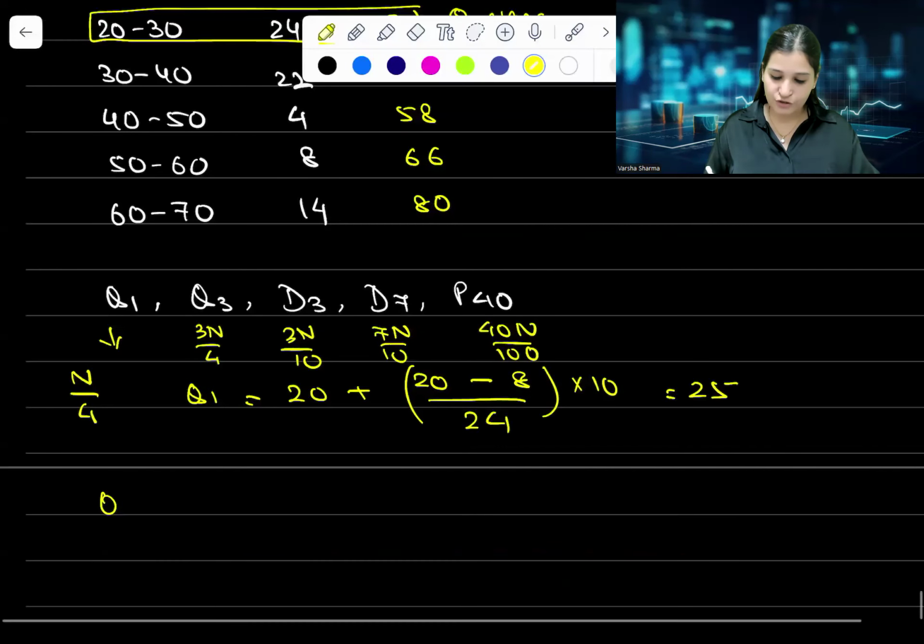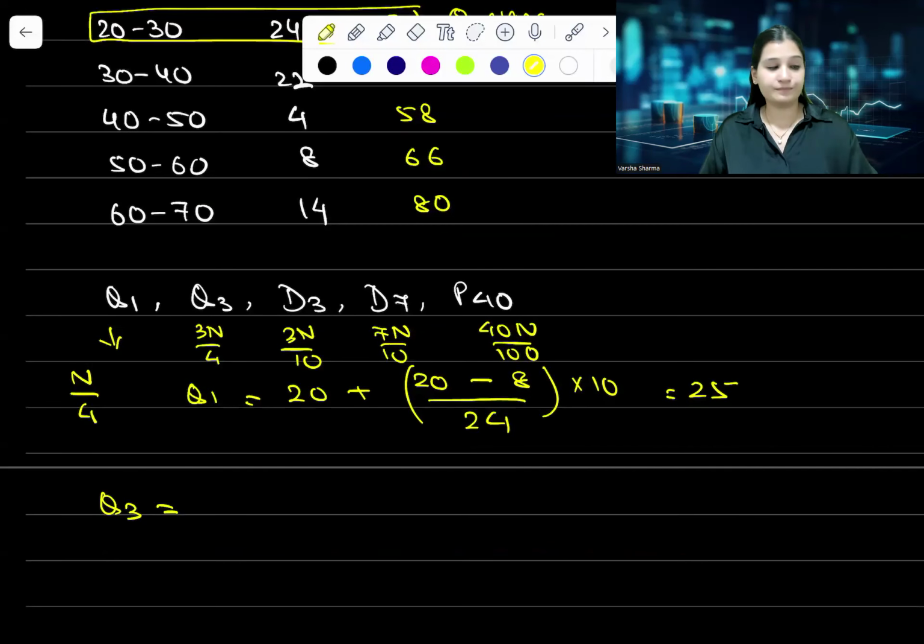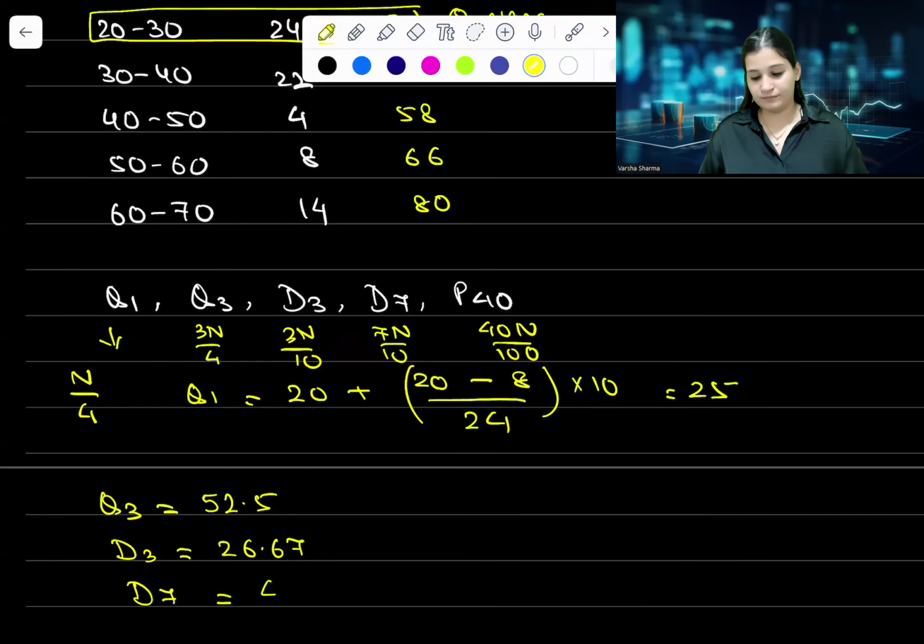So, what's the answer for Q3? 52.5. Yes. D3: 26.67. D7: 45.